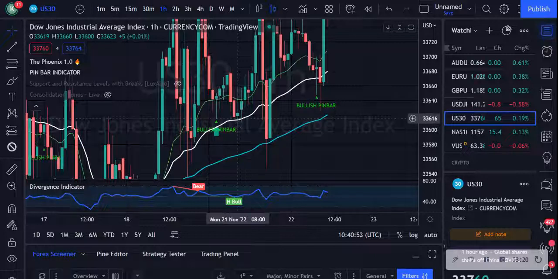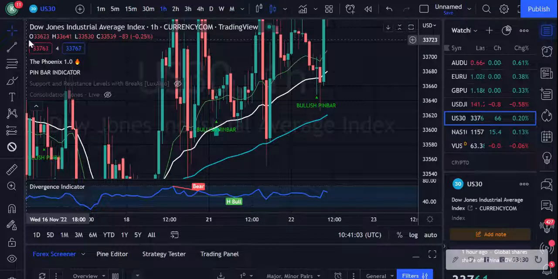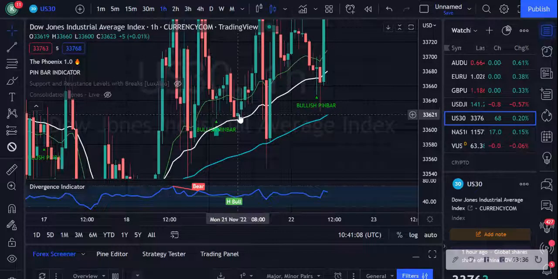If I move my thing here, it's going to show. Right at the top where you see the Dow Jones Industrial Average Index, when I hover over a particular candle, you can see the open, the high, the low and the close. So when you hover around the low of this, you will see the low is L33600.